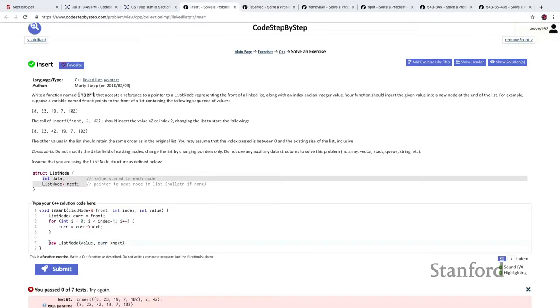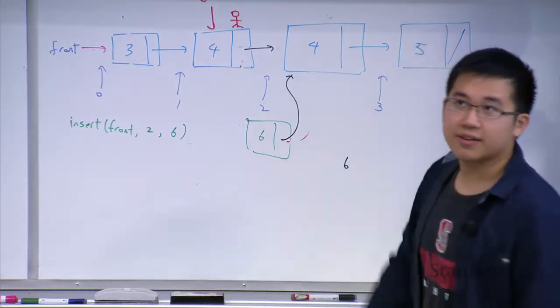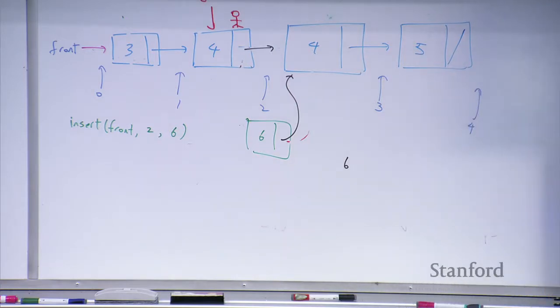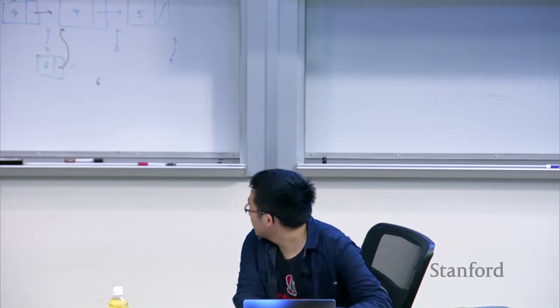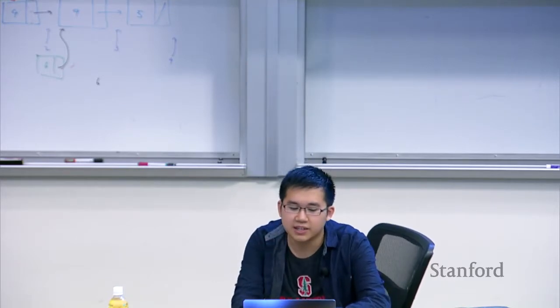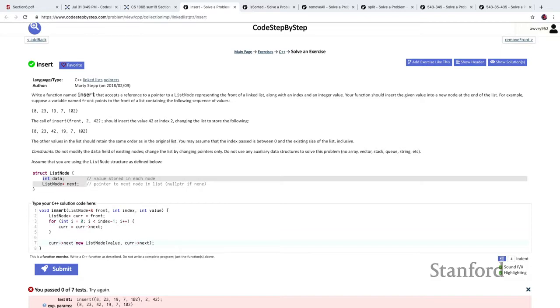All right, and then how can we change the 4 to the 6? How can we change this one to point to here? Which pointer are we changing? Cur next. Okay, and we want to set that to 6. So we can do something like this, cur next, and then we want to set that equal to the new something.